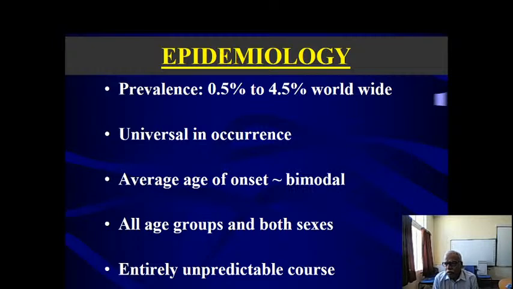In the late age group, there is little concern, so they don't care much, and the prognosis is also good. If you see the sex, both sexes are equally affected.